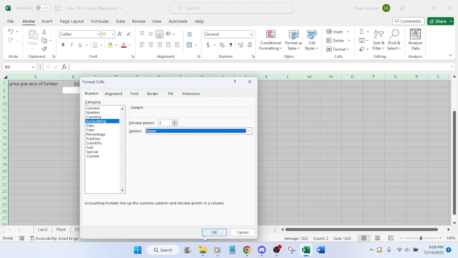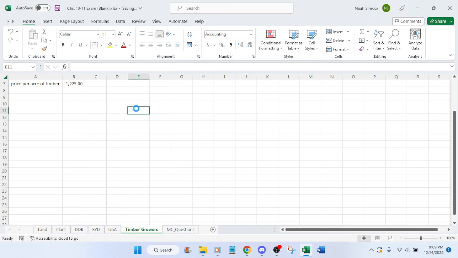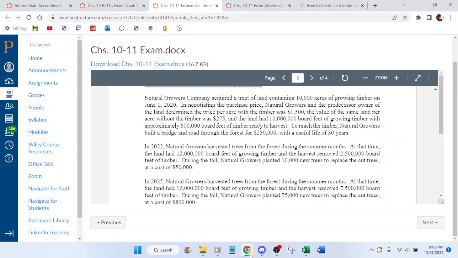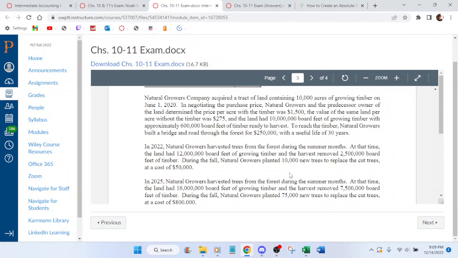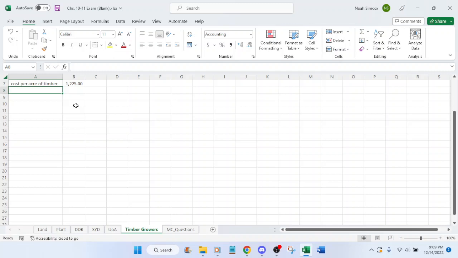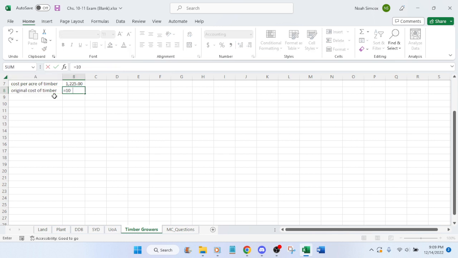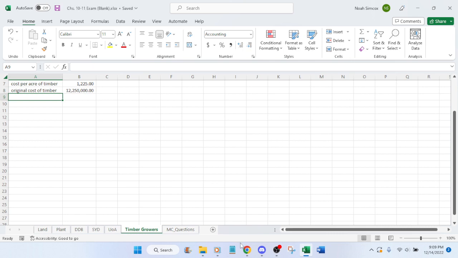Cost per acre of timber. They paid, and they bought 10,000 acres. So original cost of timber equals 10,000 times this, and you get that, which I remember to be the correct answer.